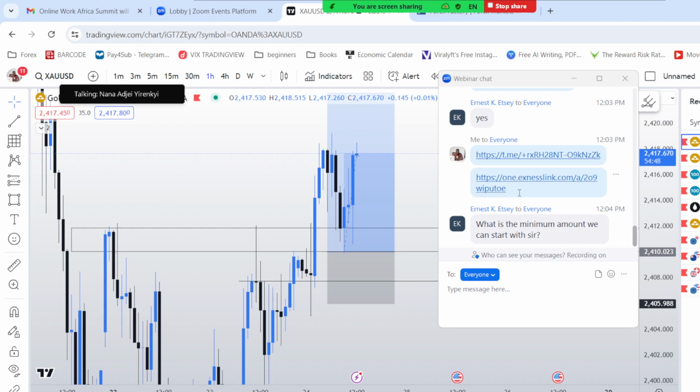But as beginners, I wouldn't advise you to start with real money now. If you are quite conversant with forex trading, you can start right away with a real account. But if you're a beginner, please create a demo account and start practicing. Once you build confidence in the skill, then you can deposit real money and start trading.